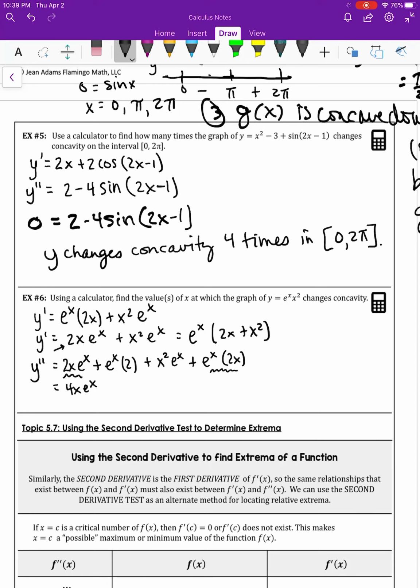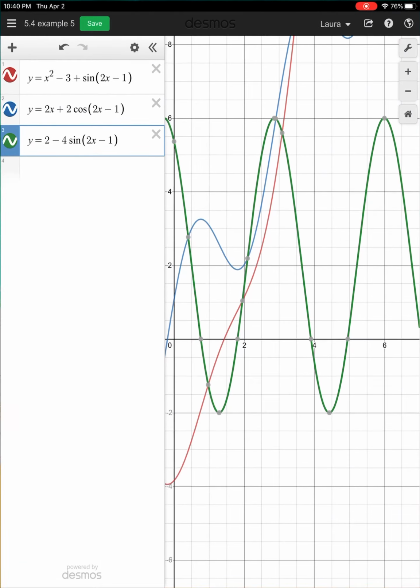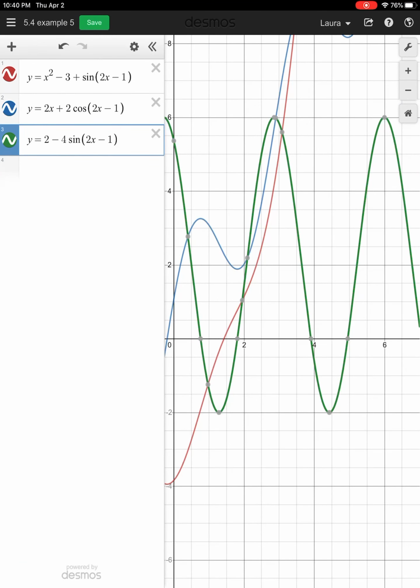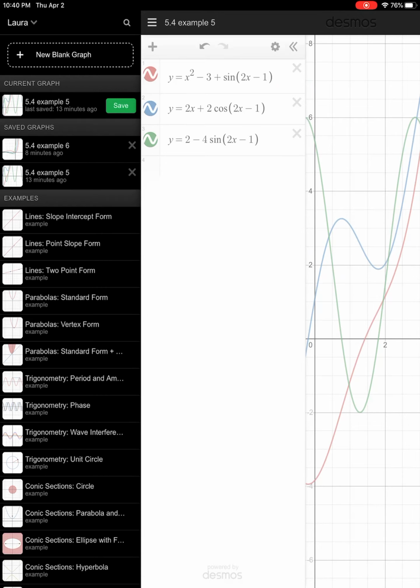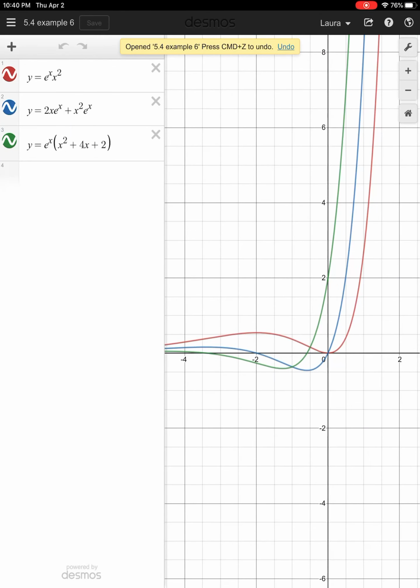So that's going to be 4x e to the x plus x squared e to the x plus 2 e to the x. And if I factored an e to the x out, I probably would put my x squared first, plus 4x plus 2. And I could put that in my calculator and look at how many times. So I'm going to go back over to my Desmos calculator again, only this time we're going to go to example 6.